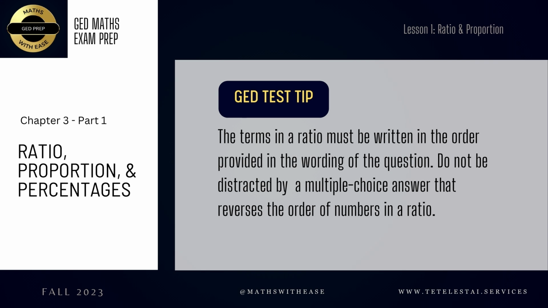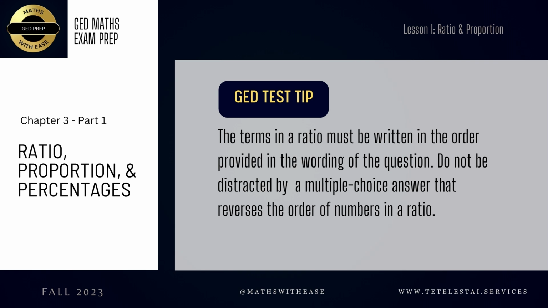You want to pay attention to how the question is asking you to present the information and present your answer based on what the question is asking. Don't reverse the order. We'll see lots of examples of that again today as we progress with the lesson.